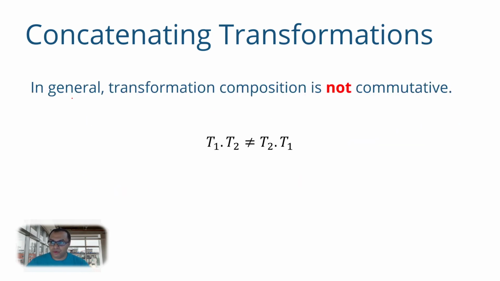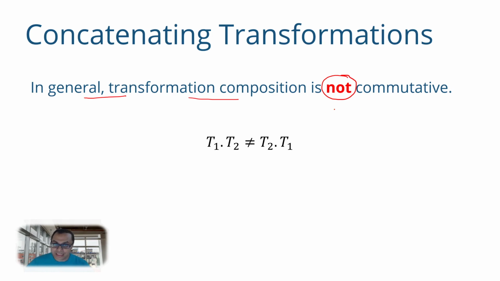And this is a general point that I was making earlier, that you must remember that in general, transformation composition is not commutative. So when you have two translations one after the other, or two rotations about the same pivot one after the other, or two scalings one after the other, then it does not matter what order you perform them in.